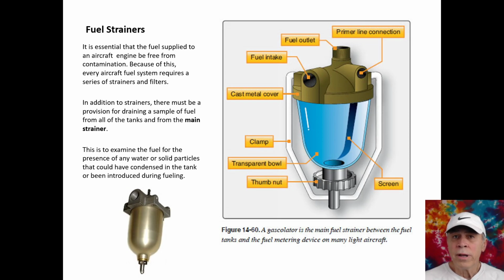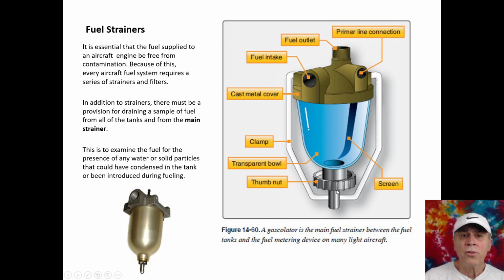You might see the word here, a gascolator. It's the main fuel strainer. It's between the fuel tanks and the fuel metering device on many light aircraft. And you'll see this in the shop where you safety wire the bottom.